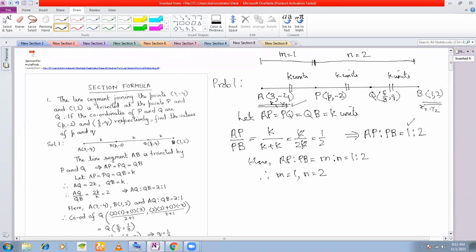And what are x1, y1 we have taken as A and x2, y2 we have taken as B. So we know the values of x1, y1 and x2, y2 also. Okay, so let's find out the coordinates of P by section formula.